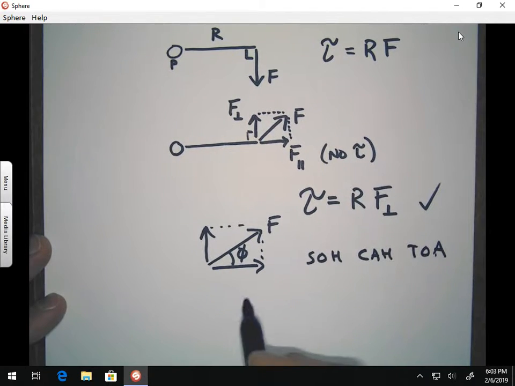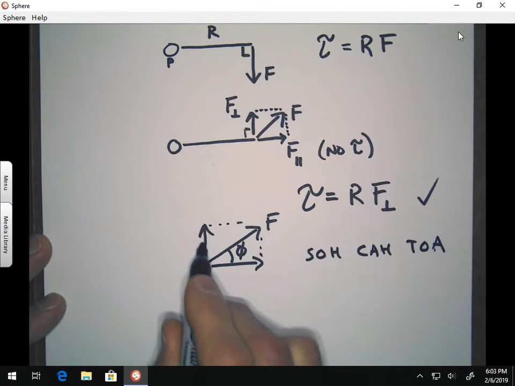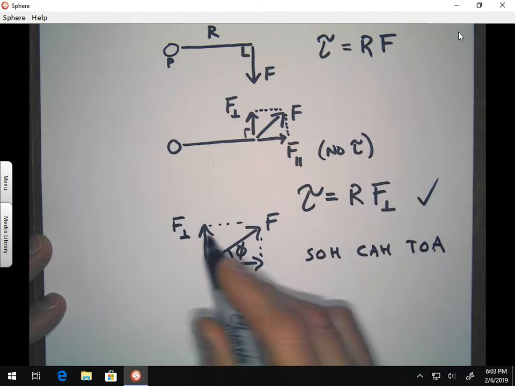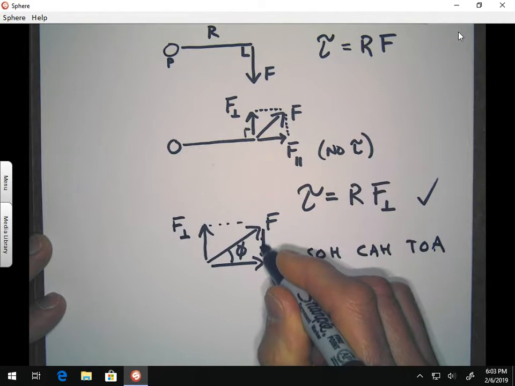What we want to find is this component, which also corresponds to this side of the triangle.